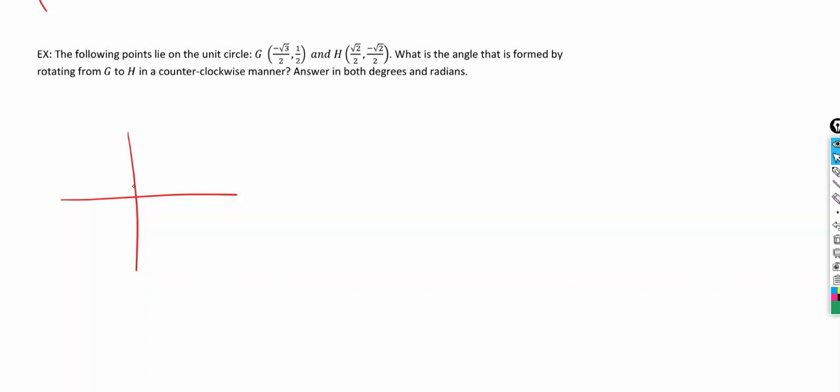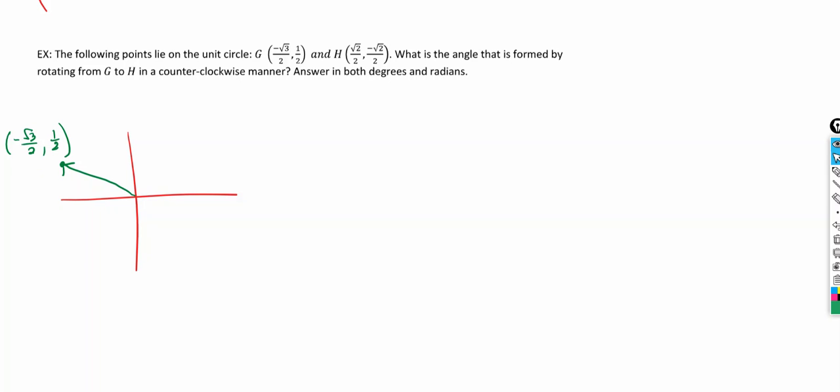So in this case, our first point here, this would be G, right? So if this was out here, let's say, that's going to be at the point negative root 3 over 2, comma, a half.